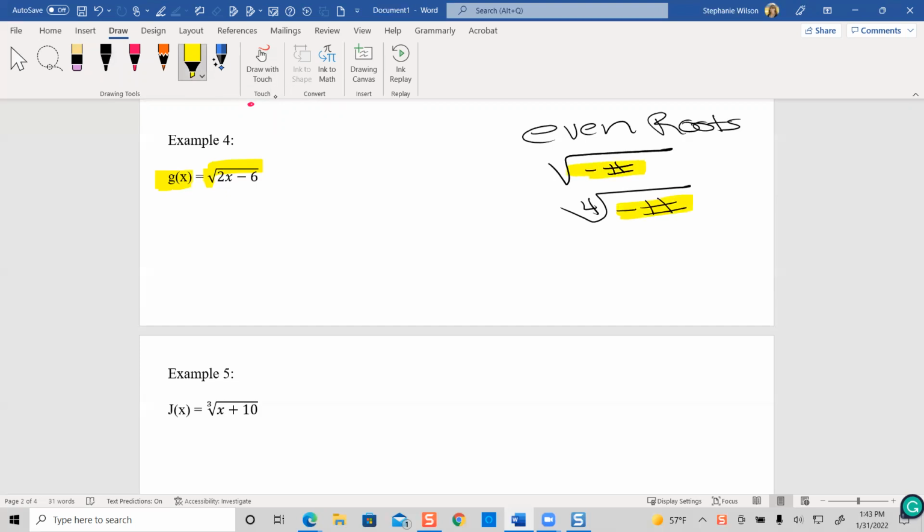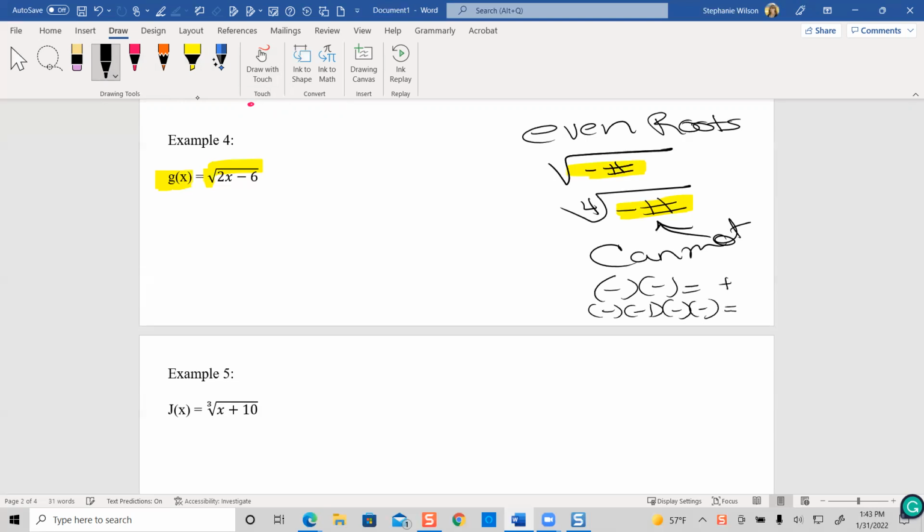So if it's an even root, you cannot have a negative number inside there. That's telling me that you can't multiply something an even amount of times and come out with a negative answer. That's not true. If you multiply negative times negative, you get a positive. No matter how many times, as long as it's an even amount of times, it's always going to be positive.